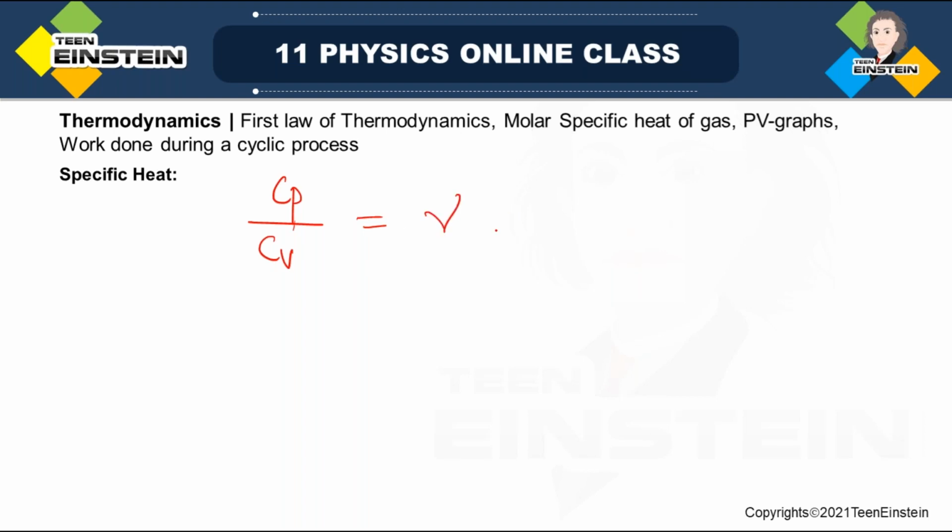This is called gamma. This depends on atomicity.